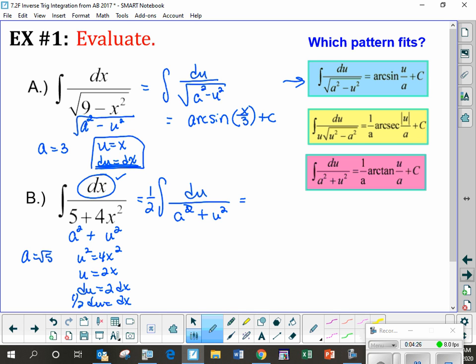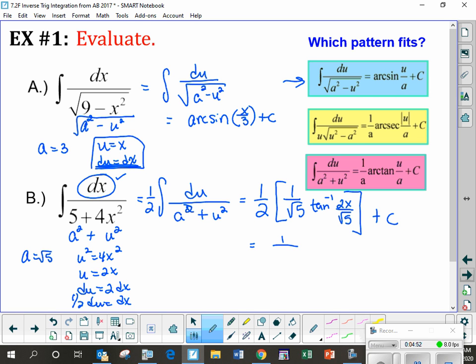That is perfect arctan business. And arctan is 1 over a, and my a is root 5. Arctan, or tan inverse of u, my u is 2x over the a of root 5.